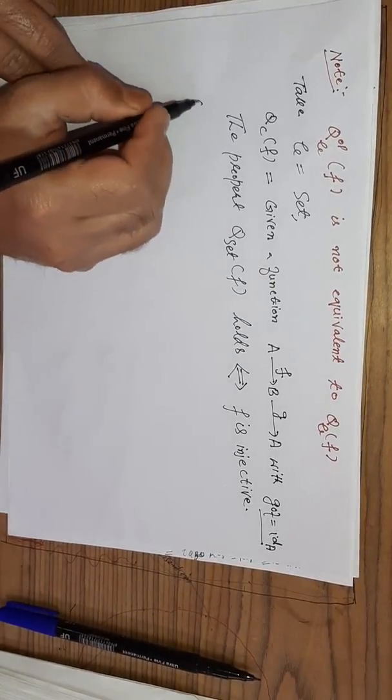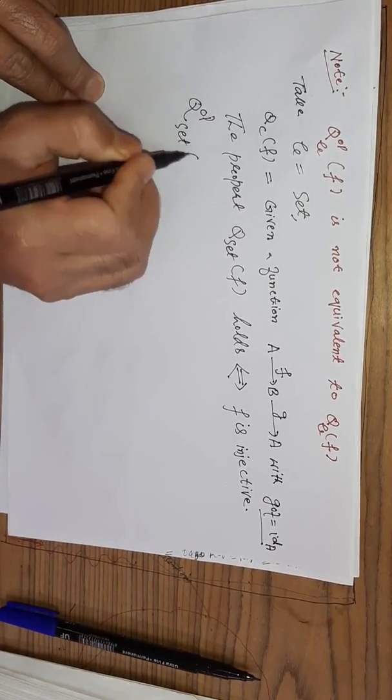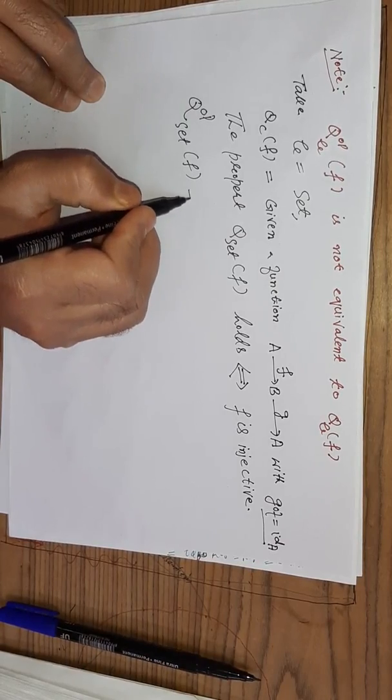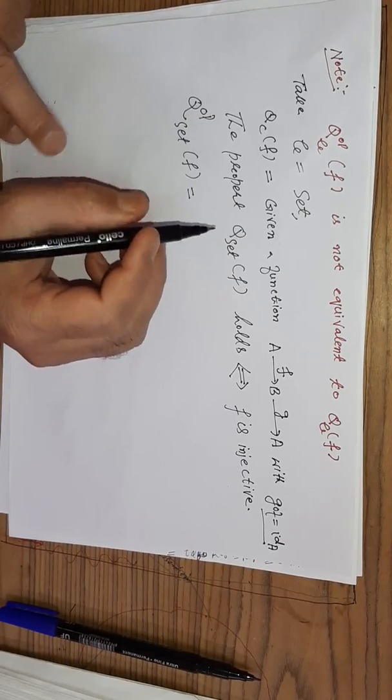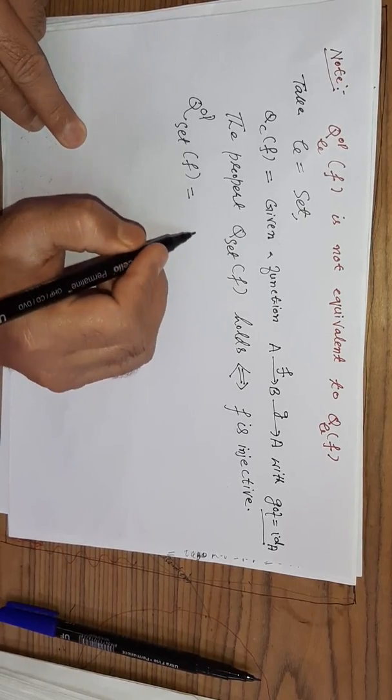Now if I take the opposite, the dual property Q opposite of Set F, the arrow would be changed and so does the composition.